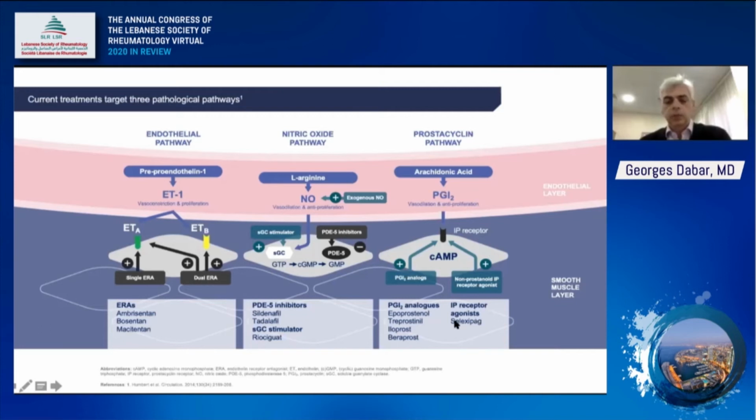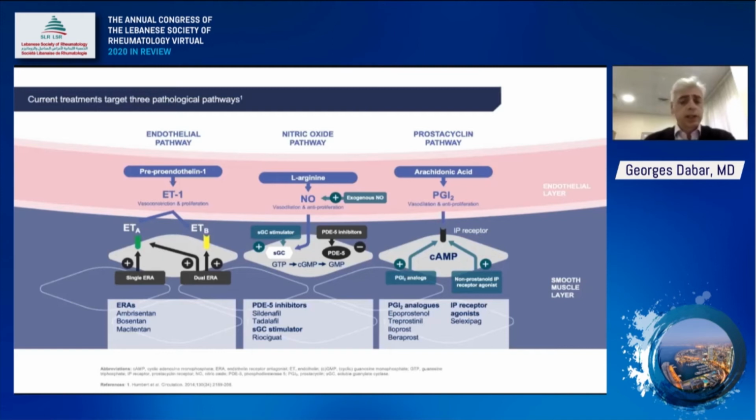With the analogs, we have epoprostenol, treprostinil, iloprost, and beraprost, and for the receptor agonist, you have selexipag. The role is vasodilation and anti-proliferation of the smooth muscles for this mechanism of action of the 3 pathways.